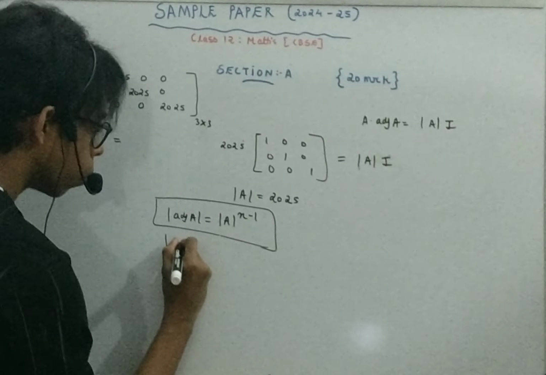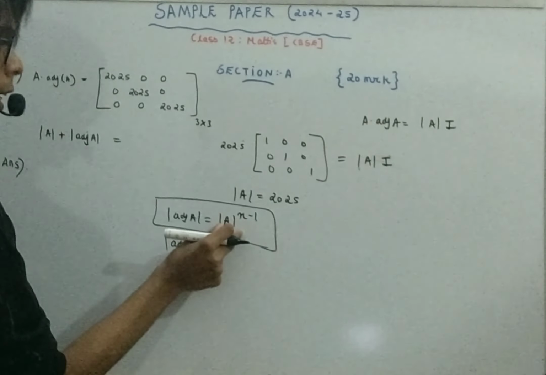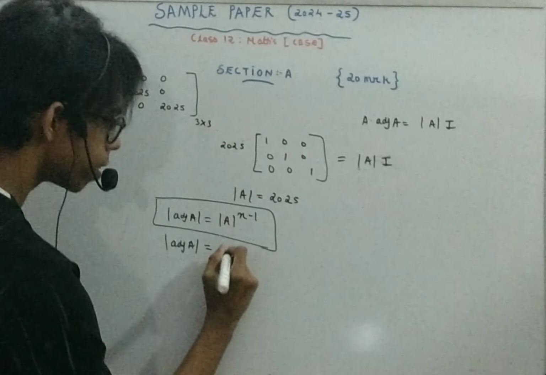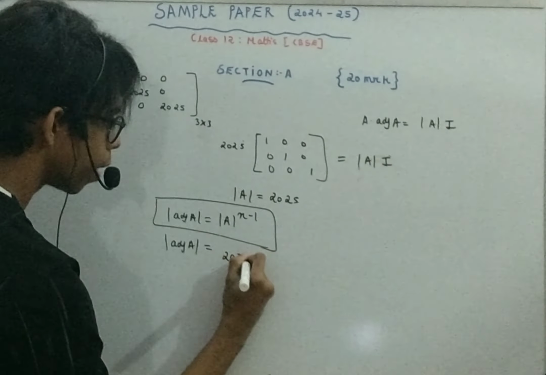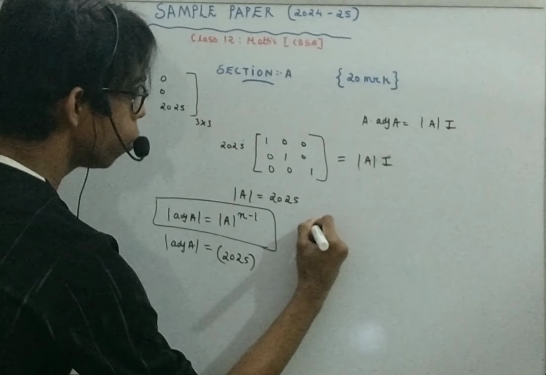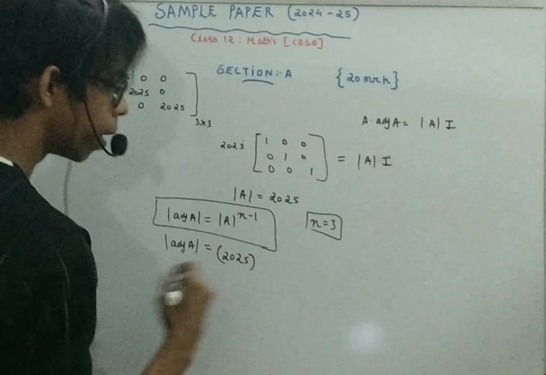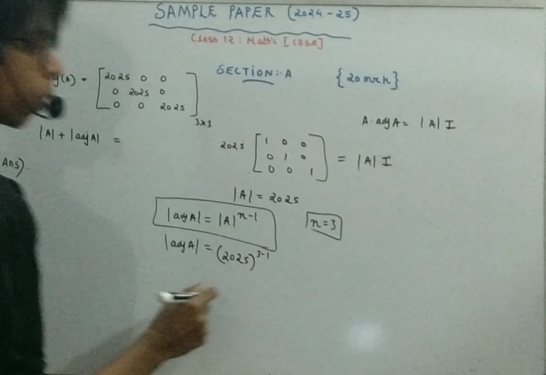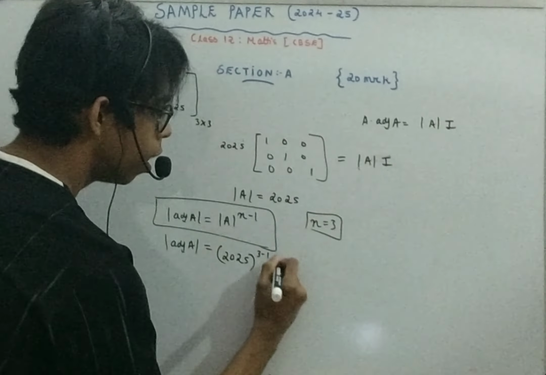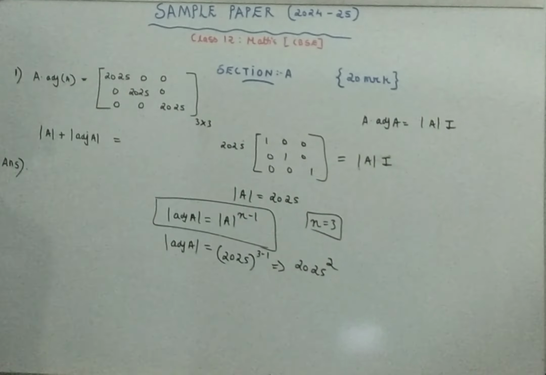So determinant of adjoint A is equal to 2025 the whole raised to n minus 1. Here the value of n is equal to 3, where n is the order of the matrix. So 2025 the whole raised to 3 minus 1, which is equal to 2025 the whole square.